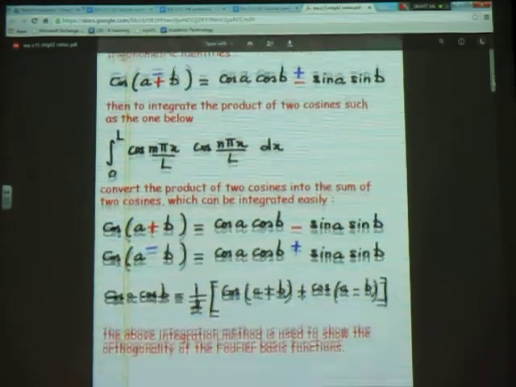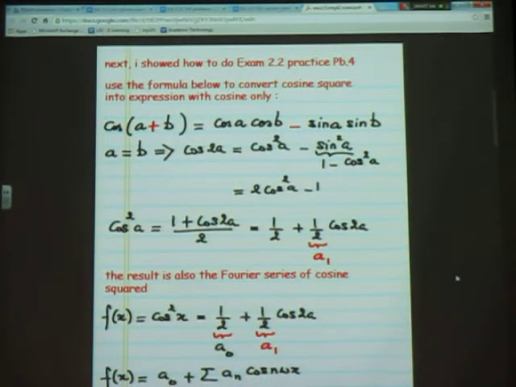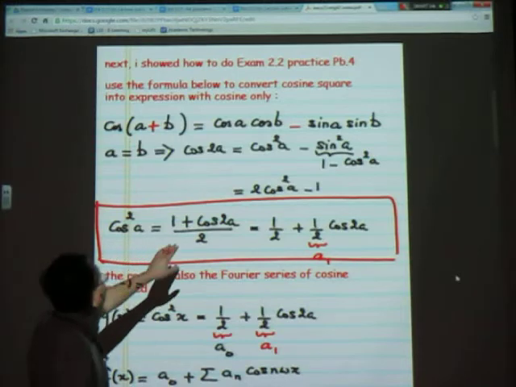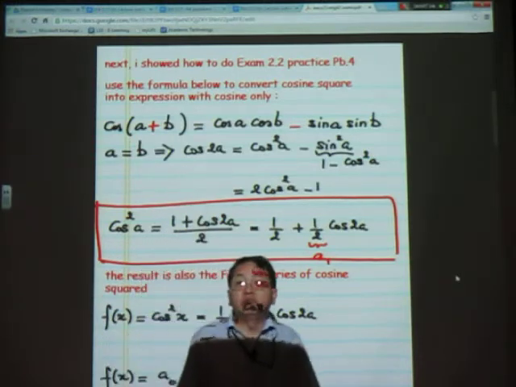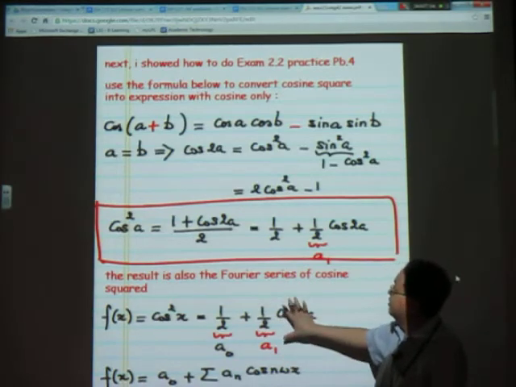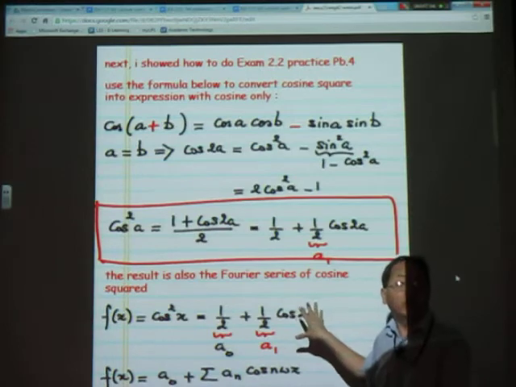And here I did show you how to obtain the expression for cosine square in terms of cosine, just by using trigonometric identities, and then after that justify that this is indeed the Fourier series by using orthogonality.